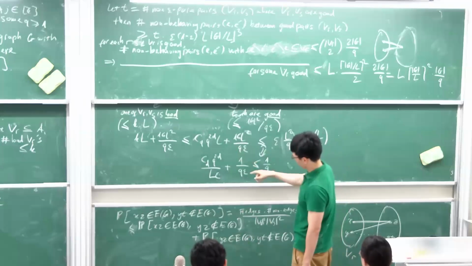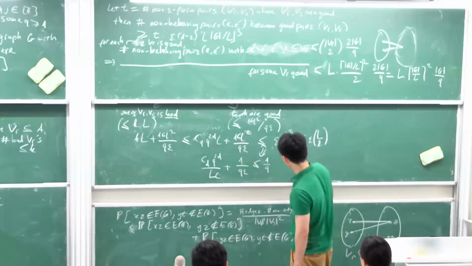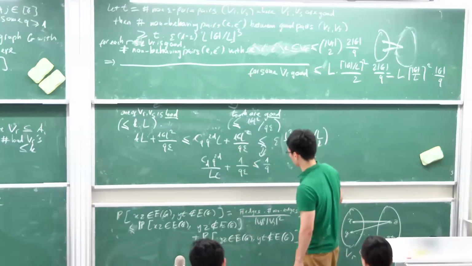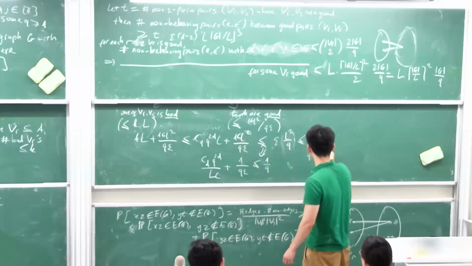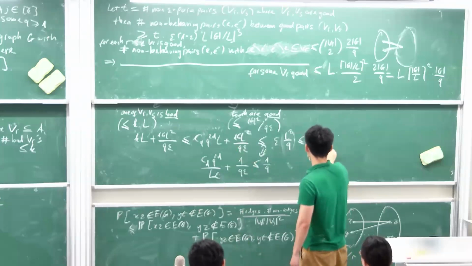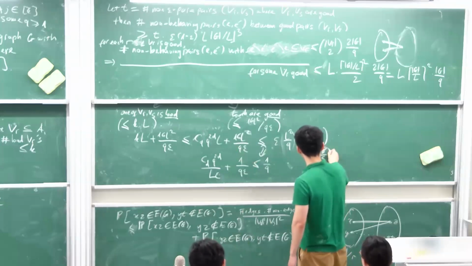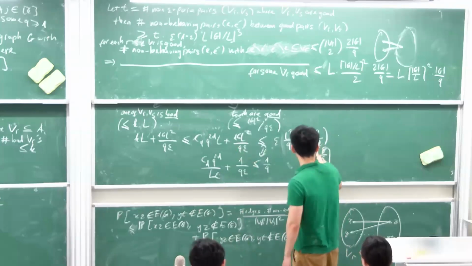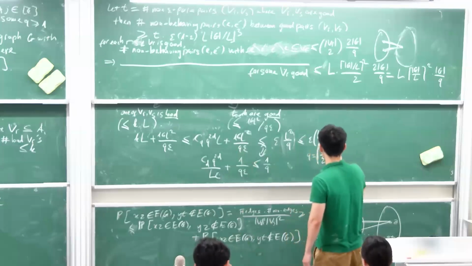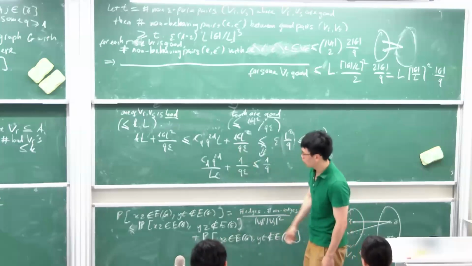So now we are supposed to choose Q. I think we can choose Q to be 8 over epsilon, put a ceiling if you want to. And then choose L such that this is also at most 1/8.